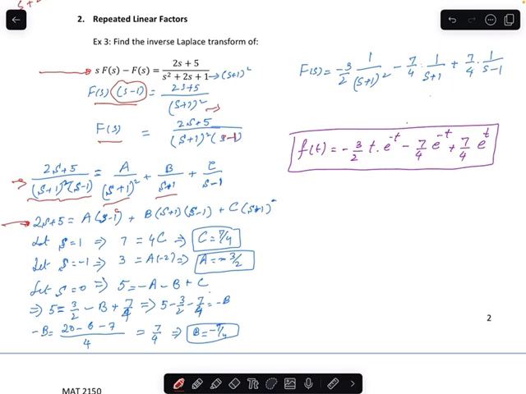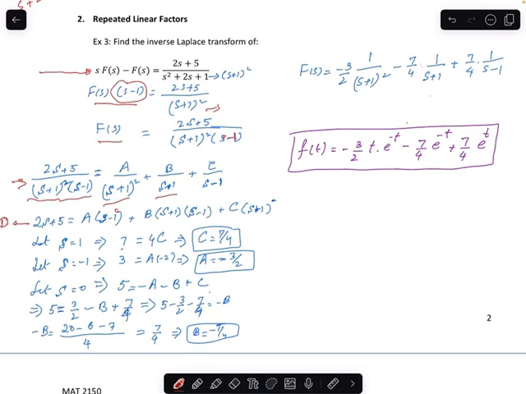Let me number this equation again, it becomes easier to know which equation we are talking about. So let's say this is number 1. I plug in s is equal to 1 in equation 1. On the left hand side, I am getting 2 into 1 plus 5, so 7. Then a into s minus 1 will make it 0.